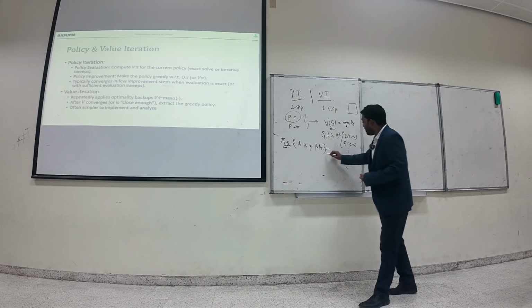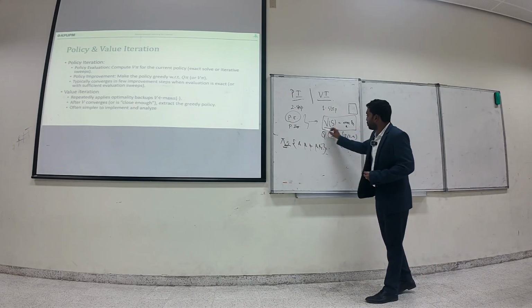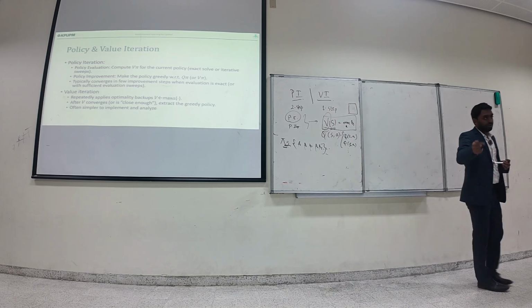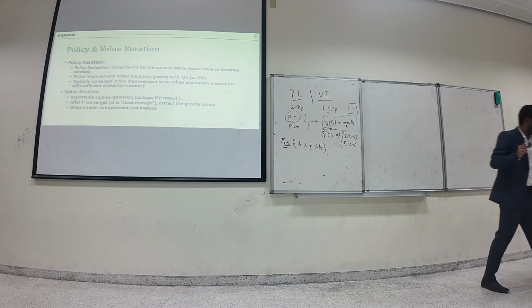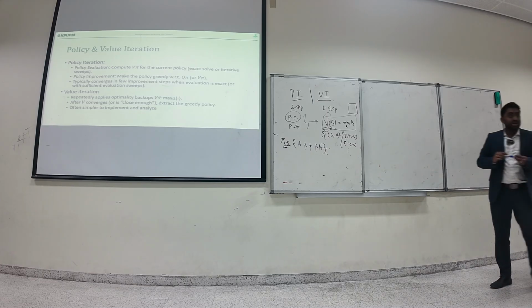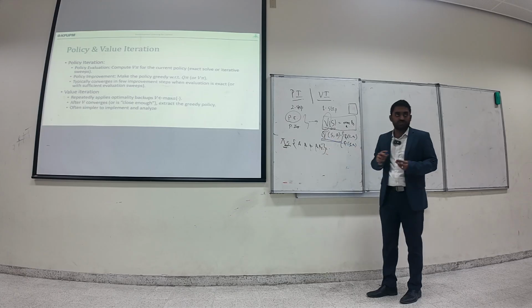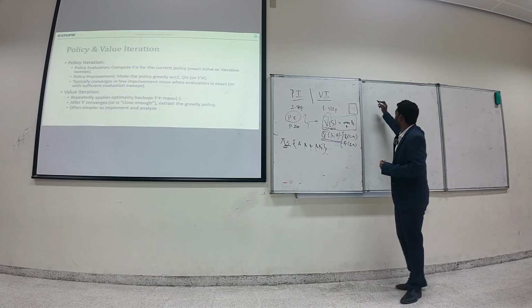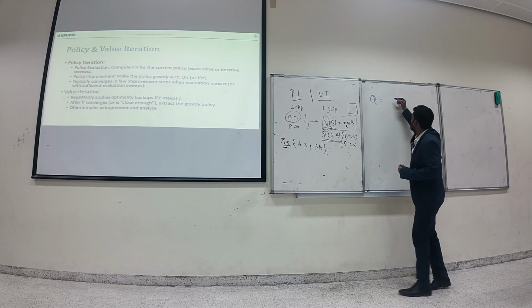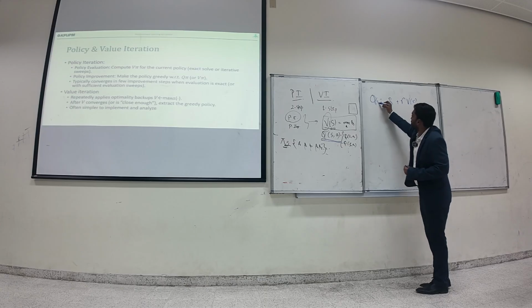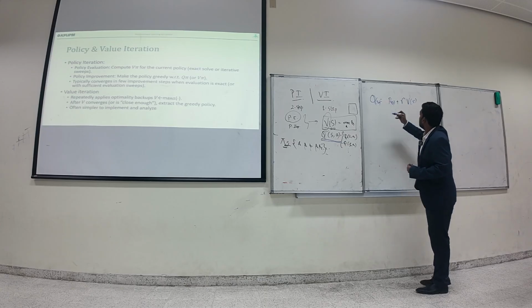Now, when you have evaluated this policy through this tool, which is your value function, you want to improve it, okay? When you have the value function, you can get the Q values from that. How? You have Q equal to the reward at this step plus the discounted reward of the future steps, right?